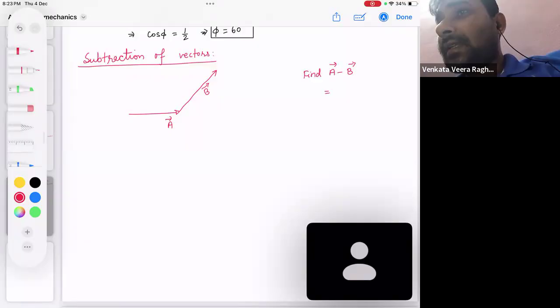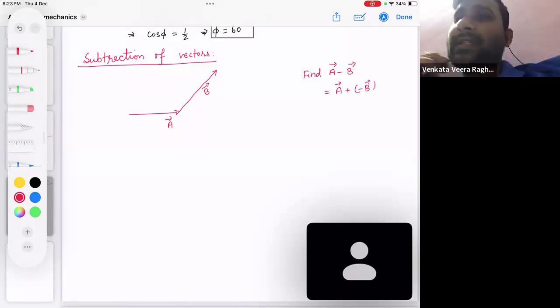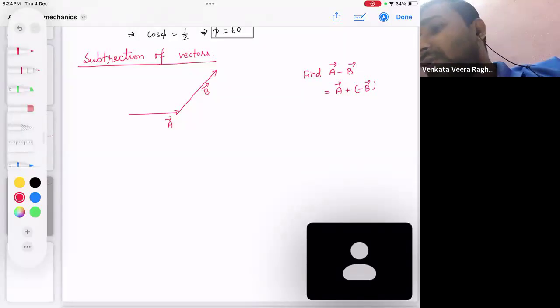Can I say that it is nothing but A vector plus minus B vector? Can it be written like that? So has it become again the addition of two vectors? We wanted to do the subtraction of vectors, but the moment I wrote A vector plus minus B vector, it became the addition of two vectors. Out of that, one vector is A and the other is minus B vector. Is that clear?